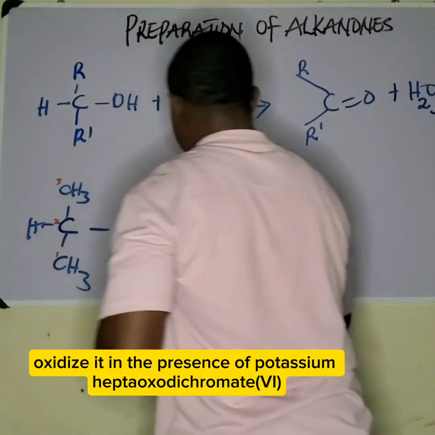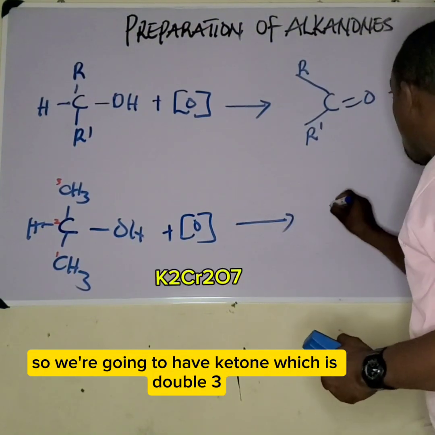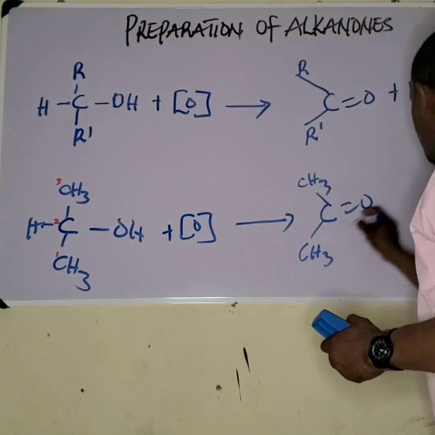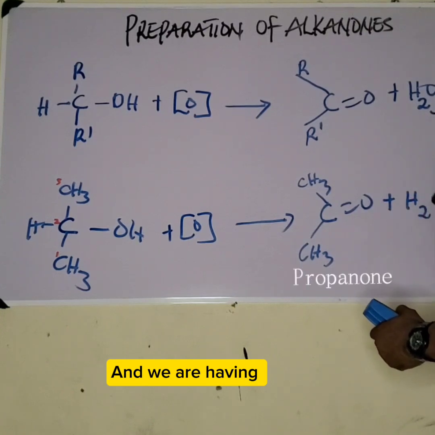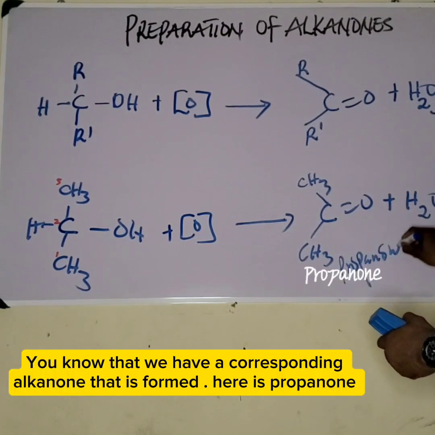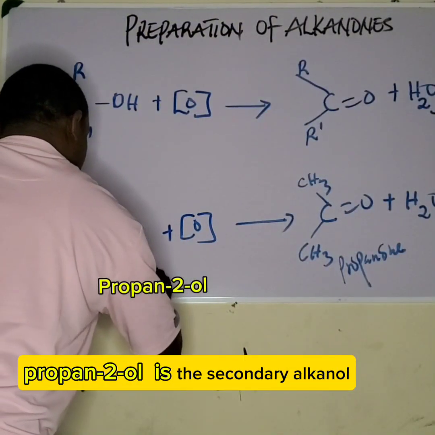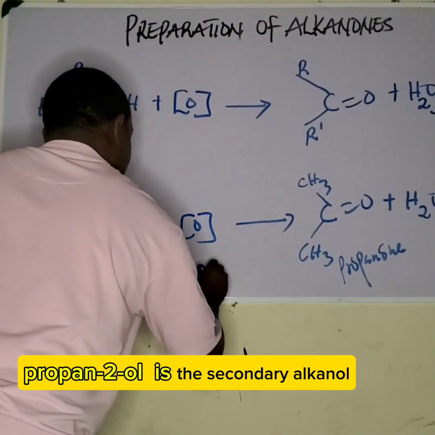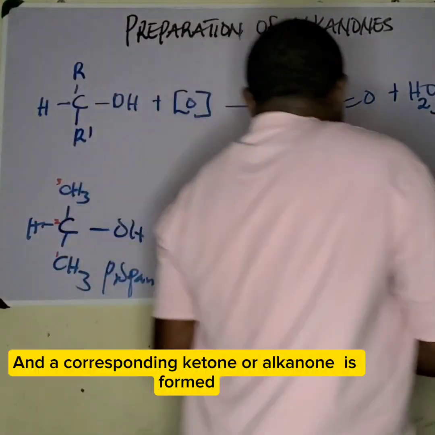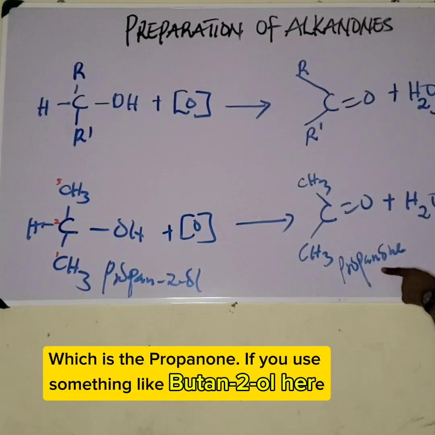Okay. So when we oxidize it in the presence of potassium heptaoxodichromate(VI), we are going to have a ketone, CH3COCH3, and water is liberated. Of course, you know that a corresponding alkanone is formed. Here is propan-2-ol as the secondary alkanol, and a corresponding ketone or alkanone is formed, which is propanone.